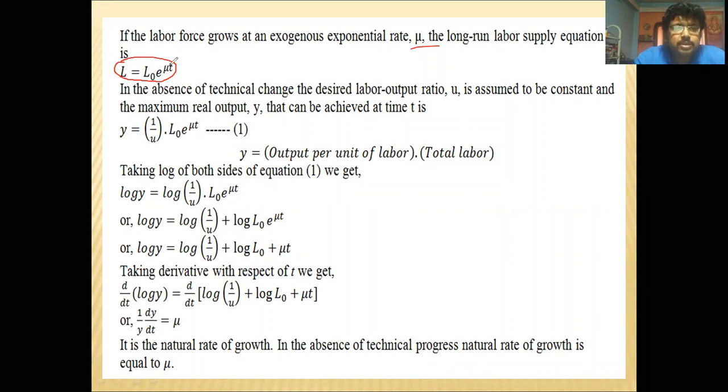Here mu is the exponential rate at which the labor force is increasing.